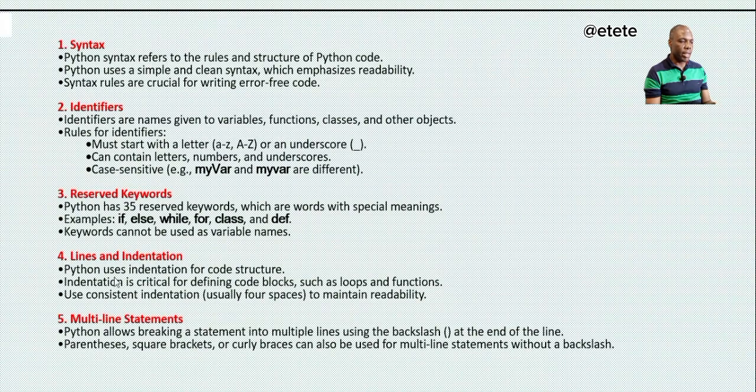Lines and indentation. Python uses indentation for code structure. Indentation is critical for defining code blocks, such as loops and functions. Use consistent indentation, usually 4 spaces, to maintain readability. I'm going to show you all these things practically. Now, multi-line statement. Python allows breaking a statement into multiple lines using the backslash at the end of the line.